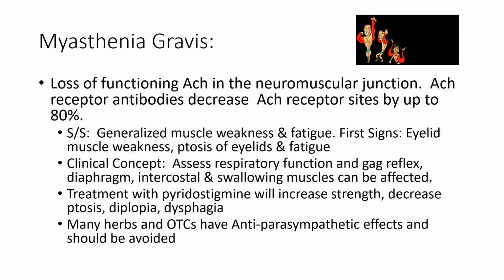If I give an agonist to try and somehow improve the neuromuscular junction, I'm going to get acetylcholine side effects throughout the whole parasympathetic system, because the medication goes into the bloodstream. So I'm going to get all these parasympathetic side effects. So that's not a great option.